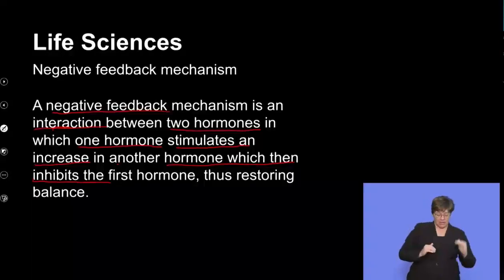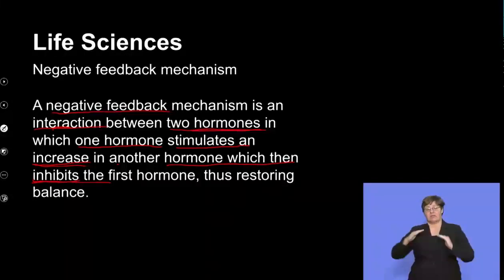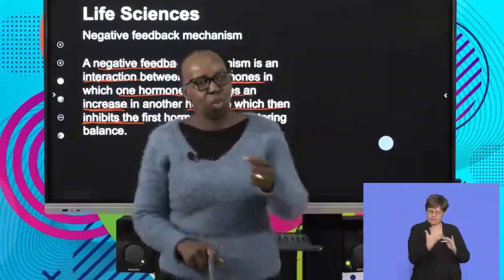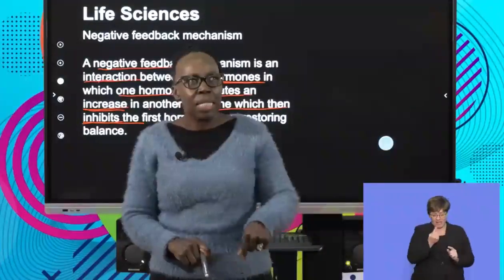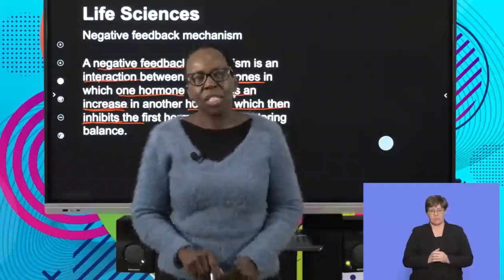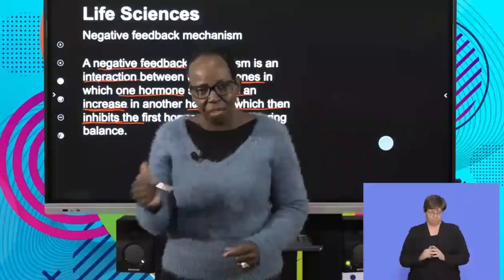So we say negative feedback mechanism is an interaction between two hormones. What is happening between the two hormones? One hormone stimulates the increase and the other one will be inhibited. So we see one hormone being stimulated to increase and one decreased or inhibited from being secreted.